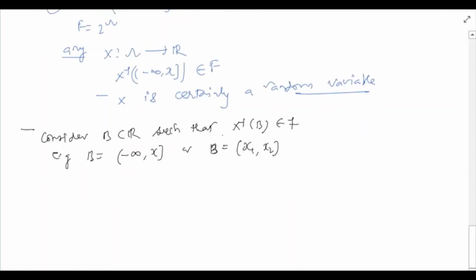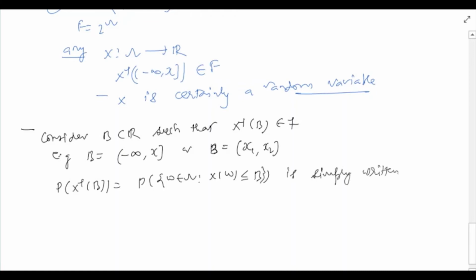It can be seen that if X is a random variable, then for all such sets, their pre-image will be elements of the event space. In this case, the probability of the pre-image, that is the probability of X inverse B, or the probability of the set of omega in capital Omega such that X of omega is an element of B, is often simply written as probability of X in B.